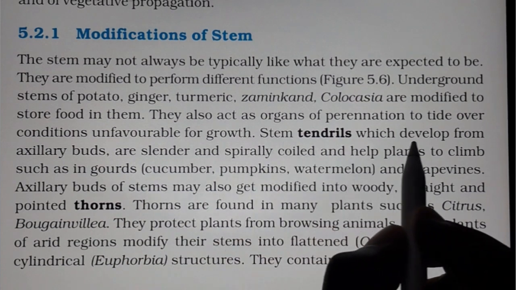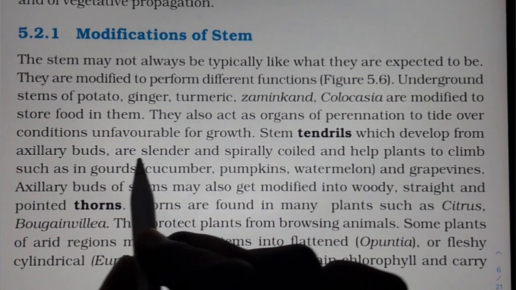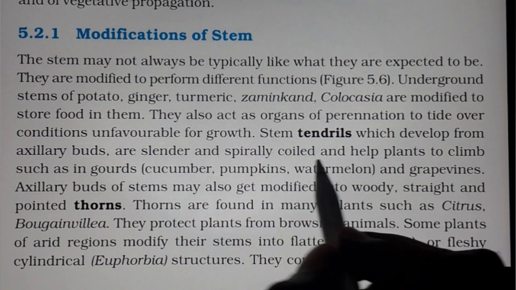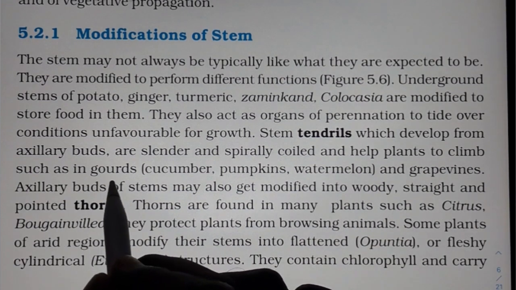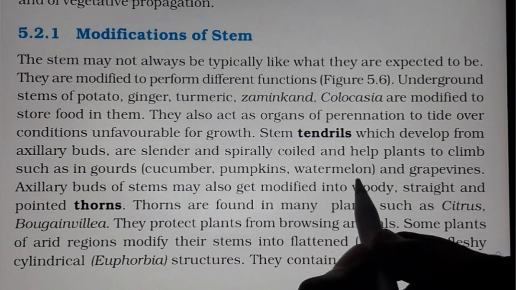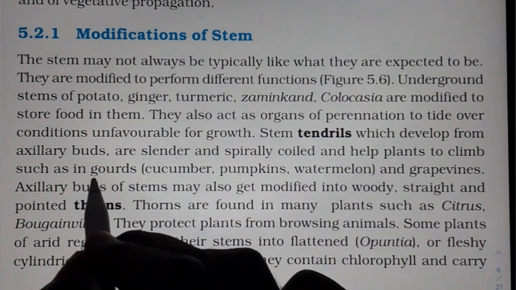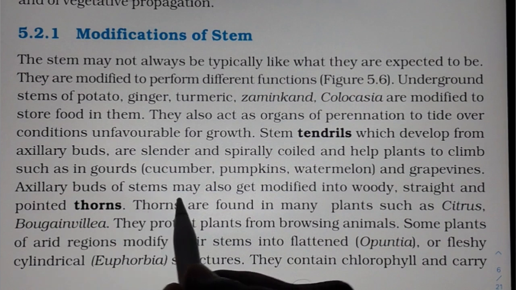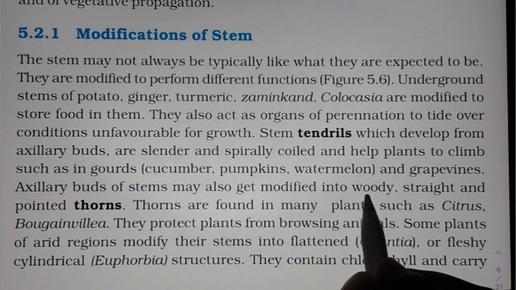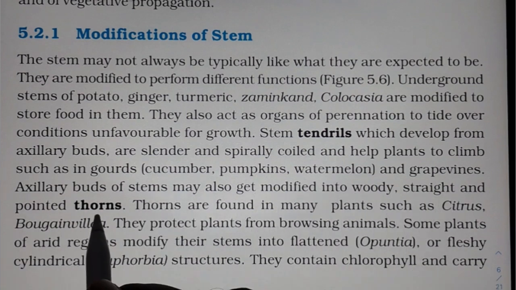Stem tendrils, which develop from axillary buds, are slender, spirally coiled and help plants to climb, such as in gourds like cucumber, pumpkin and watermelon, and grapevines. Axillary buds of stems may be modified into woody, straight and pointed thorns.